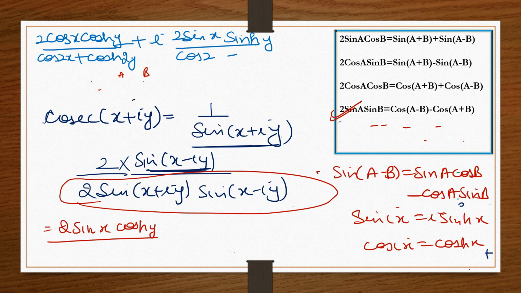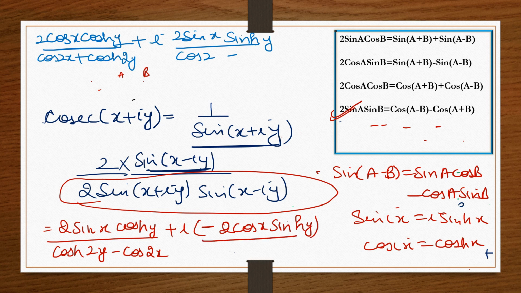over cos hyperbolic 2y minus cos 2x, and the imaginary part will be minus 2 cos x sine hyperbolic y over cos hyperbolic 2y minus cos 2x.